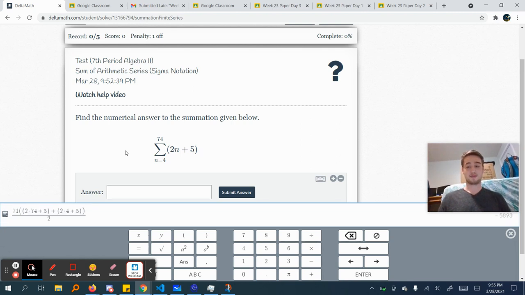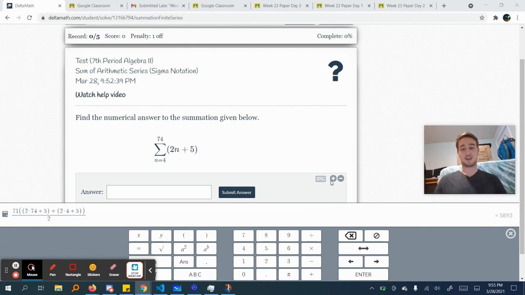And we're going to divide it in half. So this, in our case, gives us 5,893.